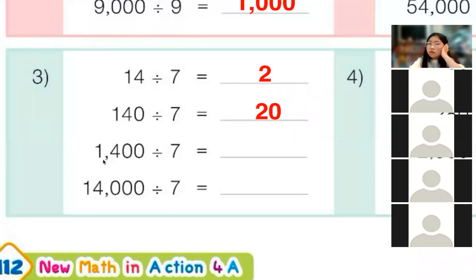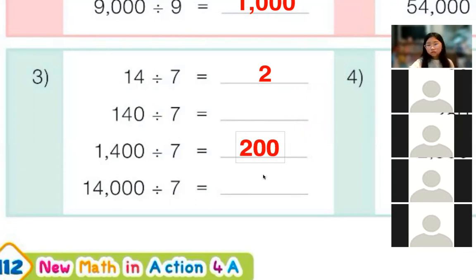1,400 divided by 7 is 2,000. No. How many zeros do we have here?